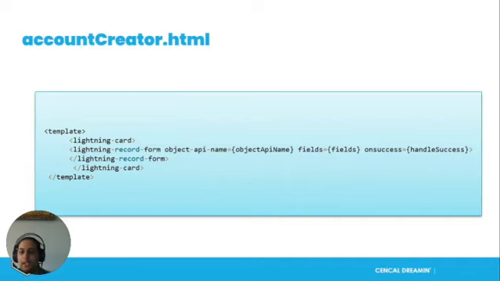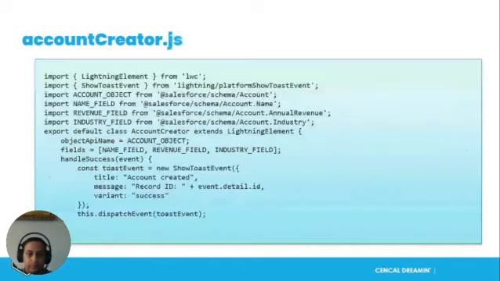And we set handleSuccess as the handler of the success event. So if it's a success and we don't have an error, we call the handleSuccess method. So here is our accountCreator JS.